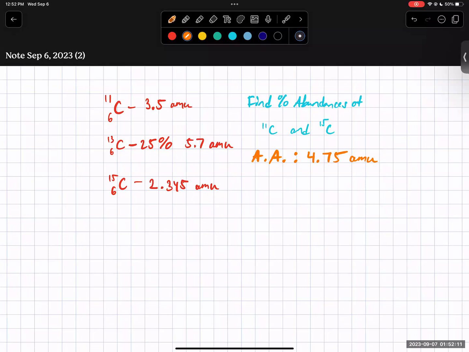I'll actually find a legitimate problem. Percent abundance of one times the mass, plus the percent abundance of two times the mass, plus the percent abundance of three times the mass. We worked out a problem in the past. The YouTube video is probably up, so you can look at that one too. That is another one for the email.